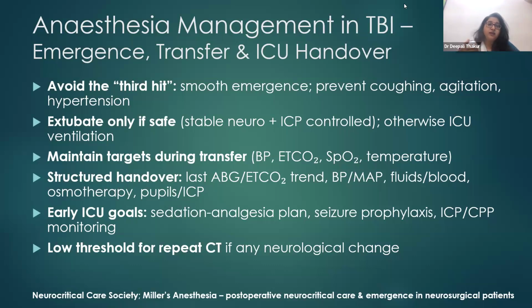Tube kinking, anything which is increasing the peak airway pressure is not indicated, and especially this can happen in this stage. Extubate only if it is safe. Otherwise, the majority of the patients of severe traumatic brain injury go to the ICU on ventilatory management. Maintain targets. Structured handover, detailed handover to your ICU team is very important, because it is an ongoing process.